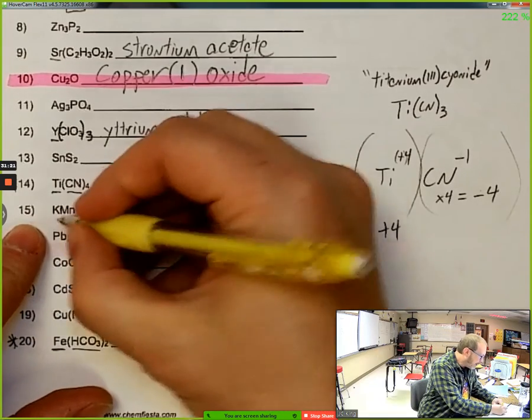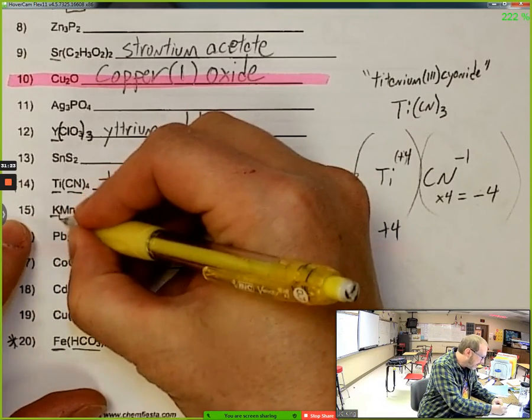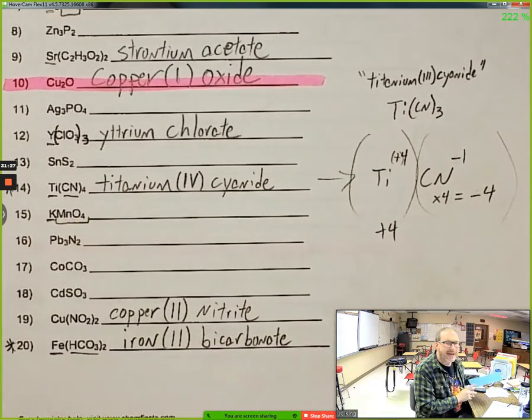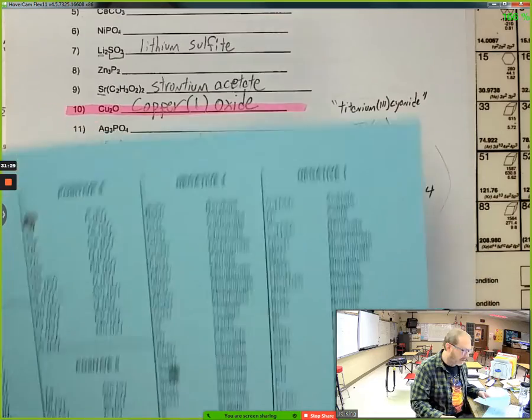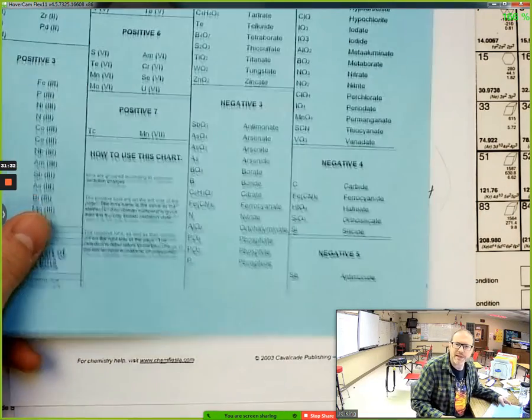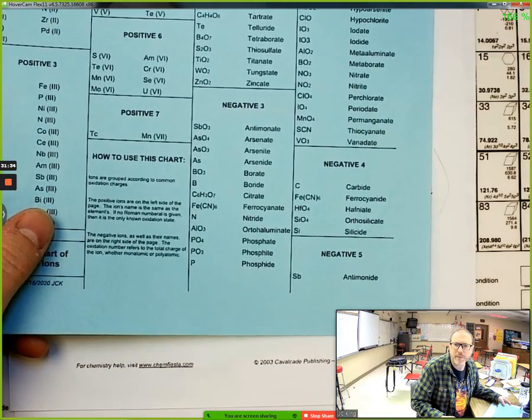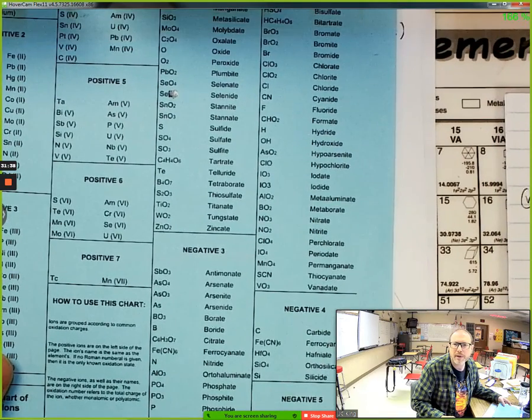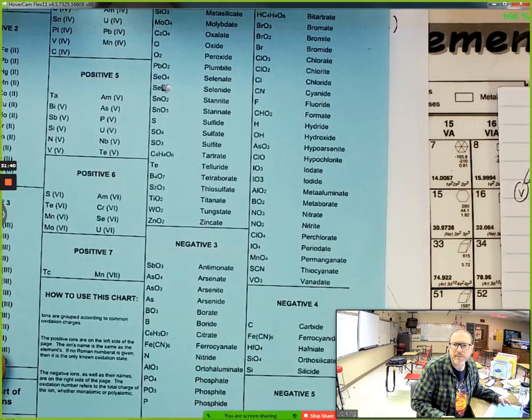So I've got K for my positive piece. Everything else right here has to be my negative piece. Okay? Now I can see how this could confuse you, because if you get on the negative side, there's two places where MnO4 shows up, if I'm not mistaken, right? Let me see.